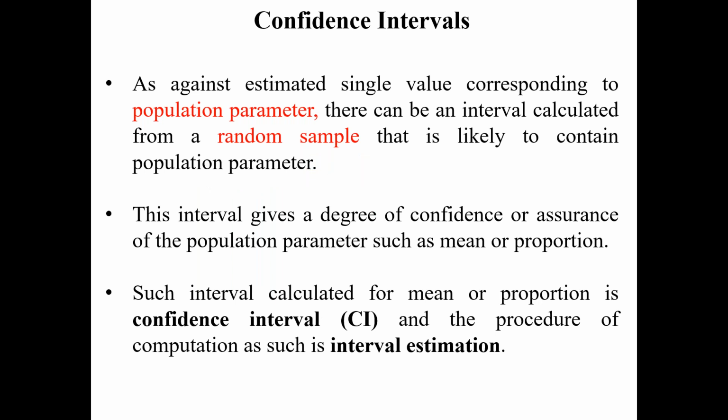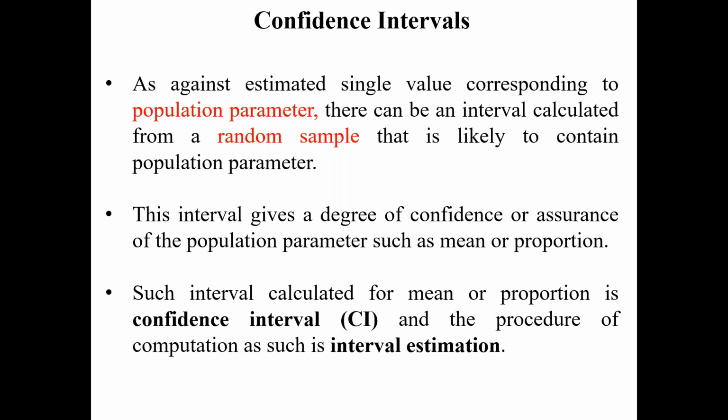So now confidence interval. The concept of confidence interval is important here because whenever confidence interval is used, it is in the context of the population. The confidence interval is a population parameter. So from a random sample, I try to calculate the standard error.